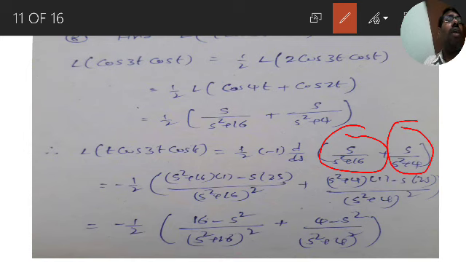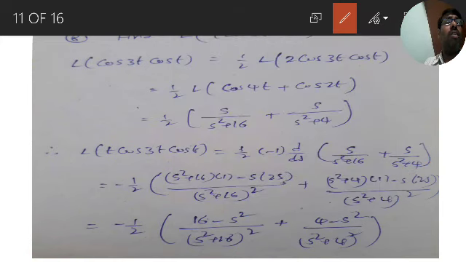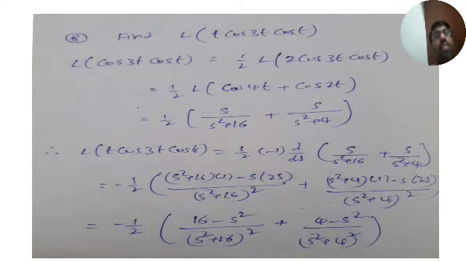V into derivative of u minus u into derivative of v, by v square. After simplification you got the answer. So what is new in the 7th and 8th problems? In the 7th we used the 2 sin a cos b formula. In the 8th we used the 2 cos a cos b formula. That's it. Nothing else changes.